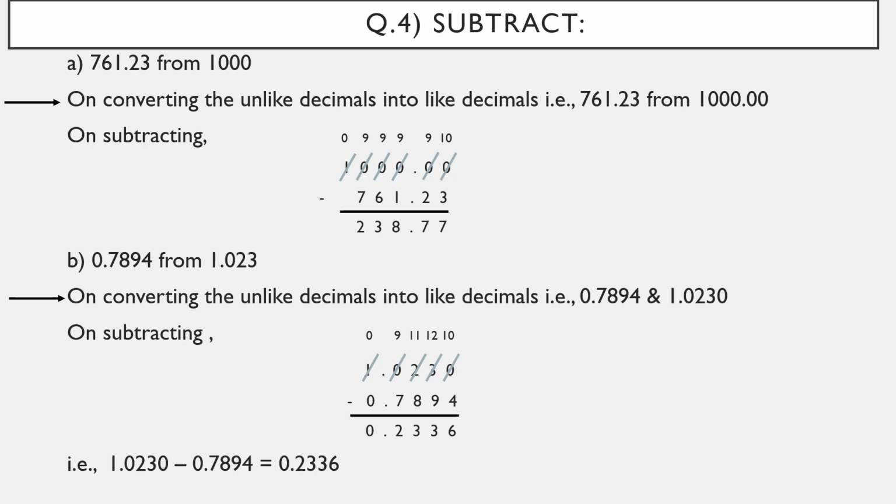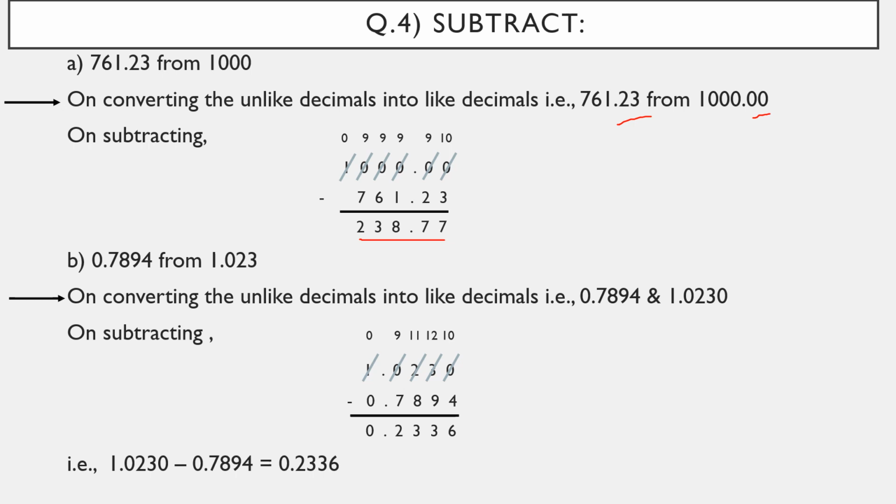Okay, now here decimal places are equal, right? Here two decimal places are there, so you can subtract these two now, right? So we'll subtract 1000.00 minus 761.23. Okay, and as usual you are doing subtraction. By that way only we'll subtract and we'll be getting the answer as 238.77.